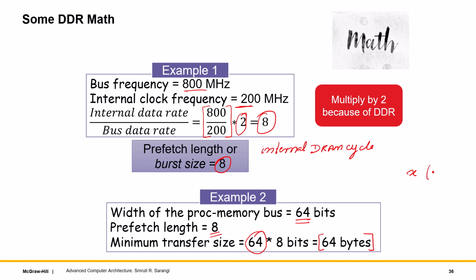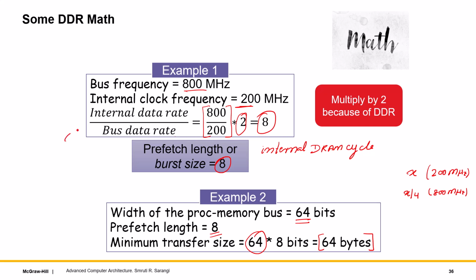If I'm generating X bits in 200 megahertz, then from the perspective of 800 megahertz, I'm actually generating X by 4 bits per bus clock cycle.